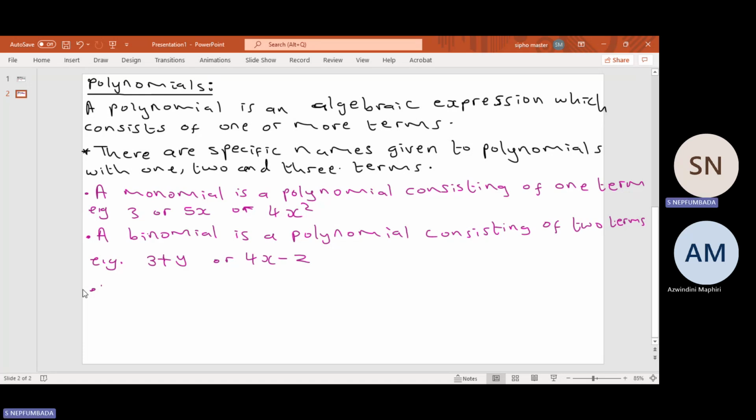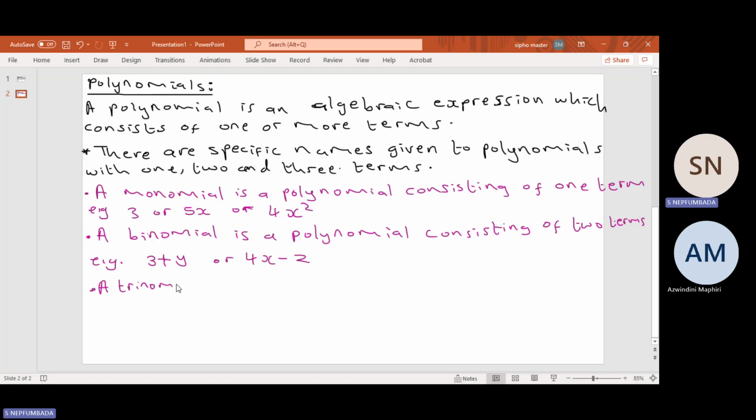So now, if we check very clearly, you will tell that indeed we've got a trinomial. Remember, mono means 1, bi means 2, tri means 3.